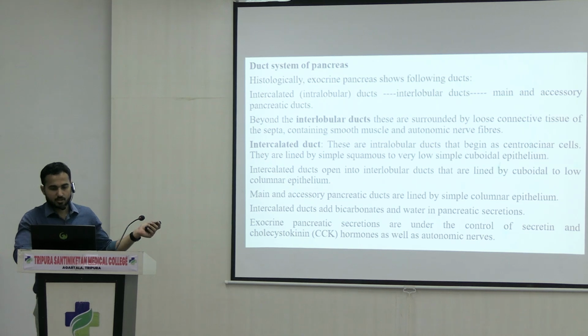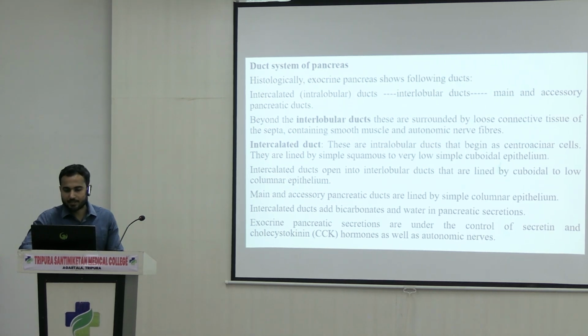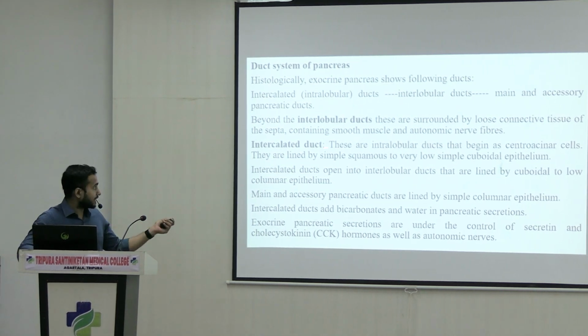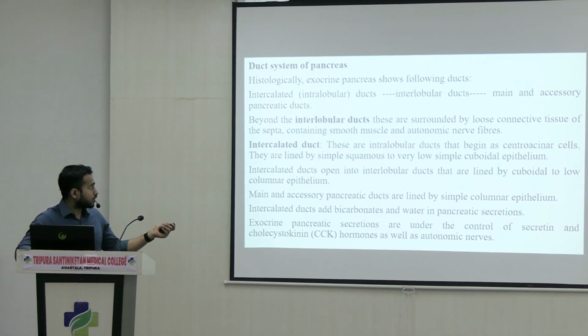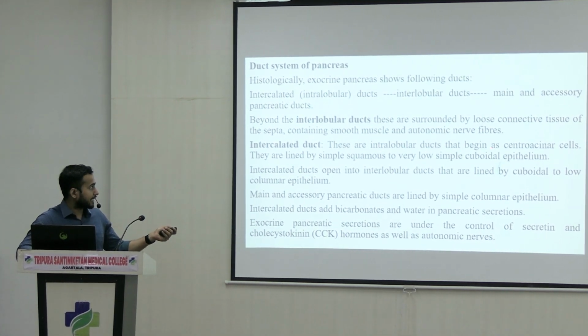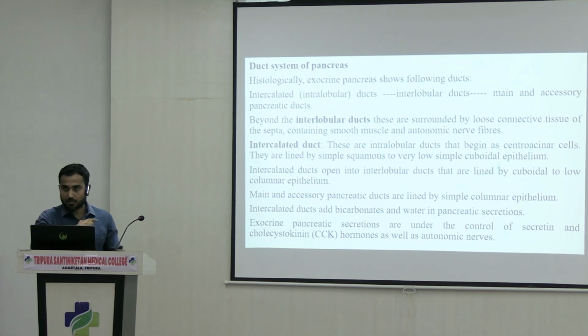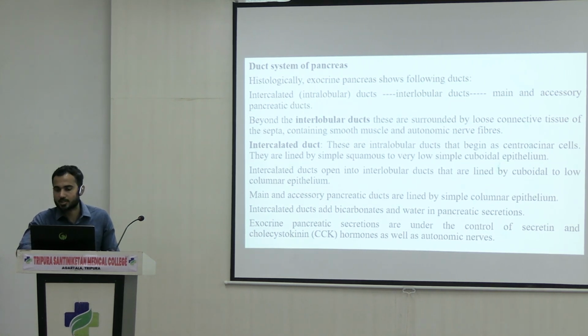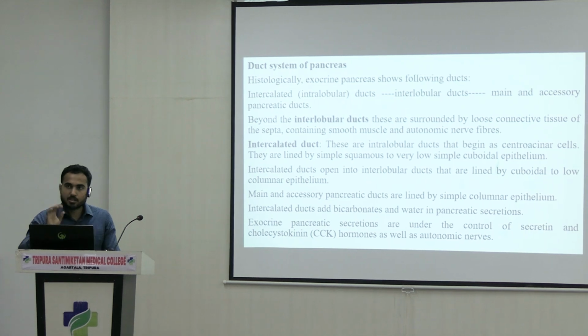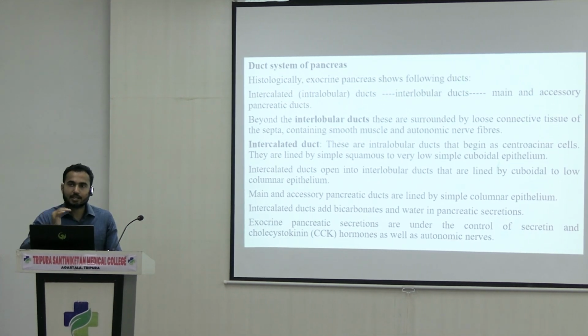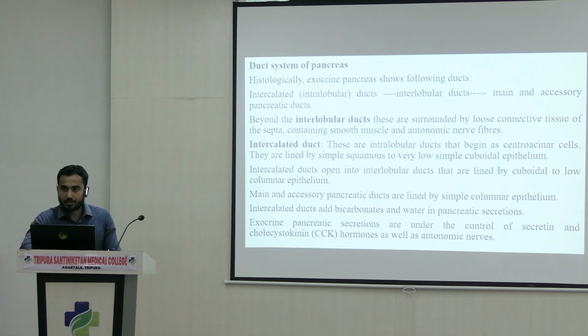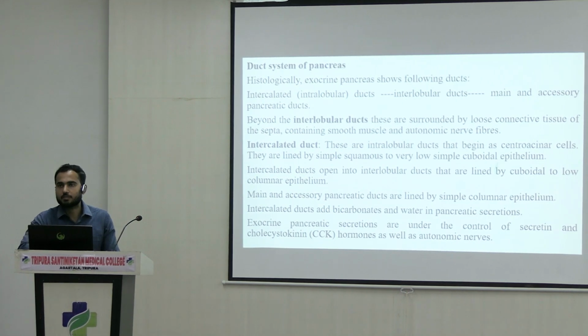autonomic nerve fibers. Next, the intercalated ducts are intralobular ducts that begin as centroacinar cells, which I have shown you just now. These ducts are lined by simple squamous epithelium to very low cuboidal epithelium.